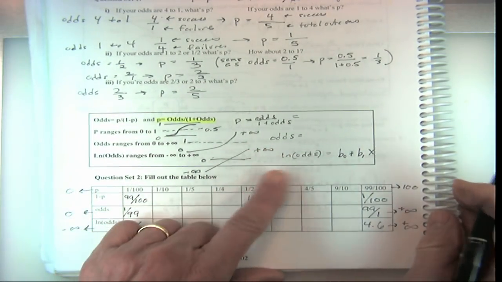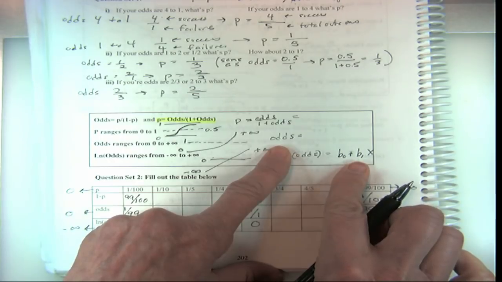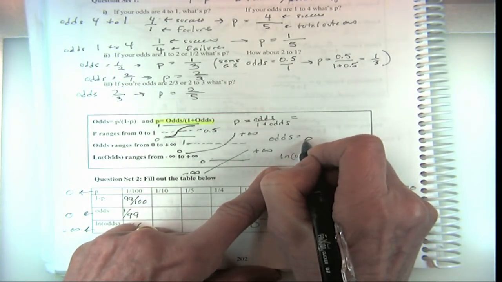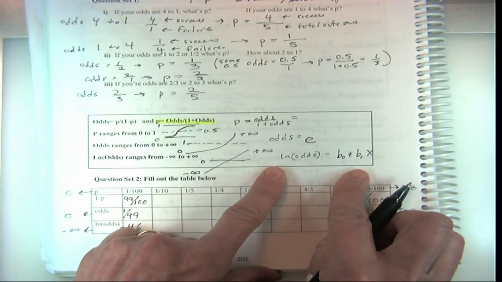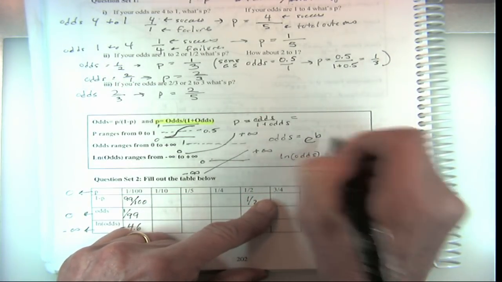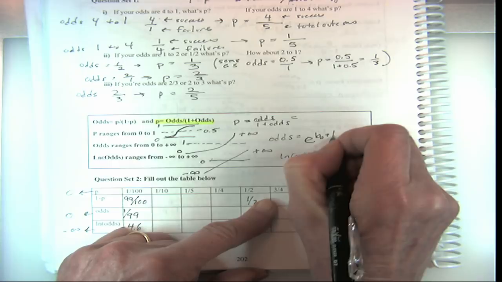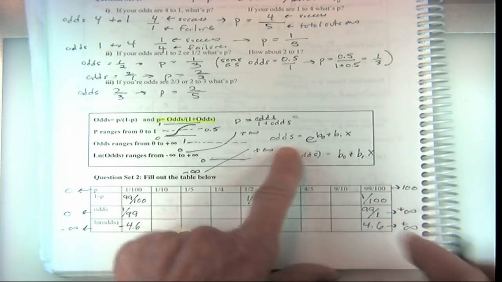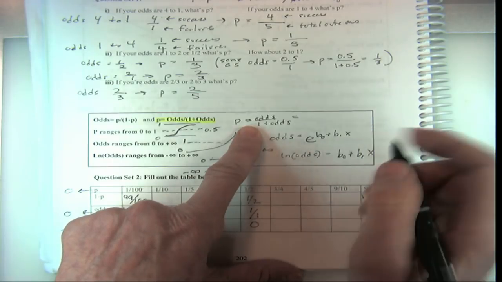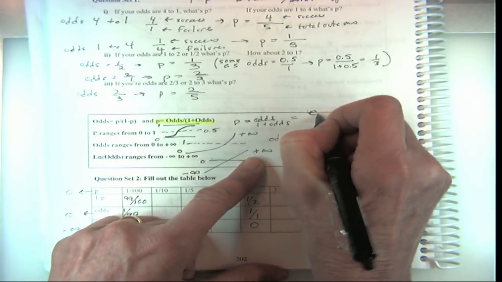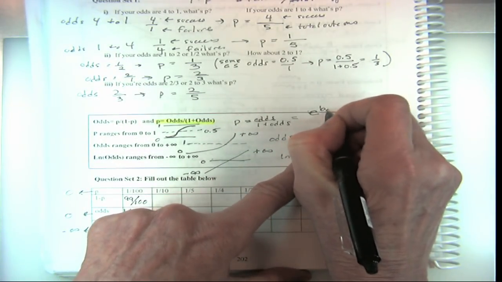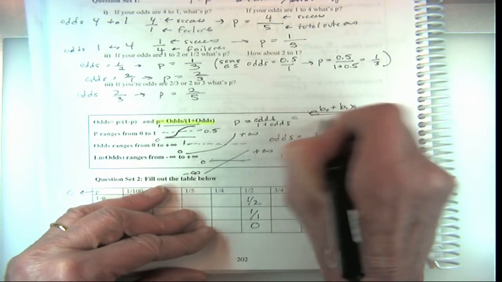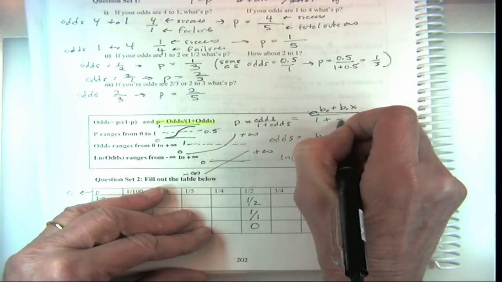But then when we take the odds, just raise both sides to e, anti-log both sides, and you get this linear equation is now an exponent. Here it's the linear equation. And then when you get the probability, you get the odds, which is e to the f of x, over 1 plus f of x.